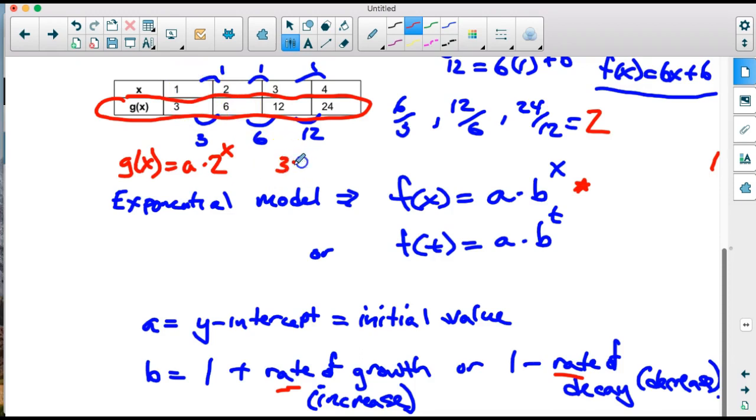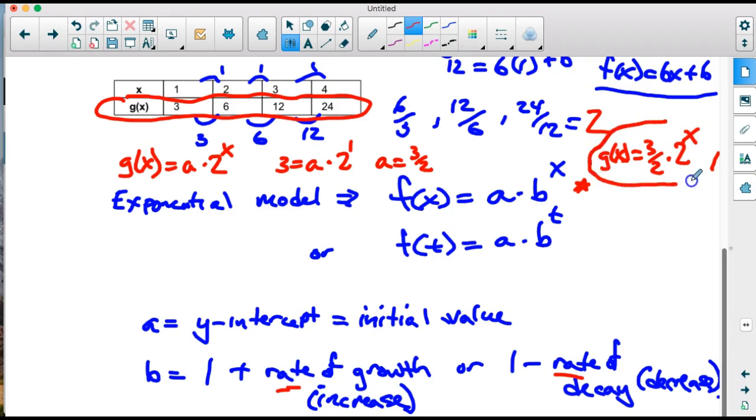So it would be 3 equals a times 2 to the first power. To solve for a, we just need to divide by 2, so a is 3 over 2. So our equation for g of x in this problem is 3 over 2 times 2 to the x power. That's our equation for this model right here.